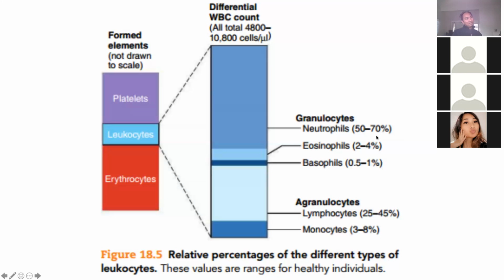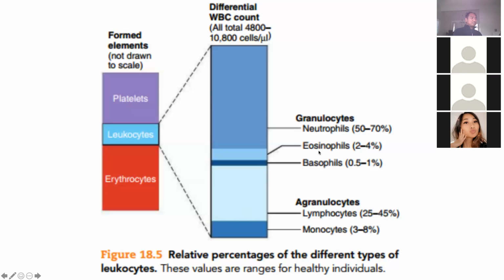Neutrophil 70%, that is normal, because among the WBC, neutrophil is the most common, making up 50 to 70% of WBC. Never let lymphocyte, look at that, lymphocyte is about 25 to 45% here, this very pale blue. And then never let monkey, for monocyte. Monocyte is 3 to 8%.